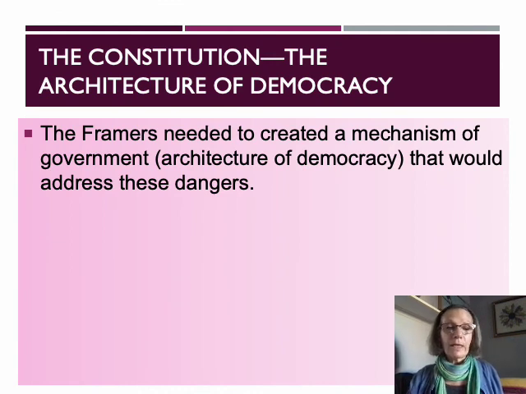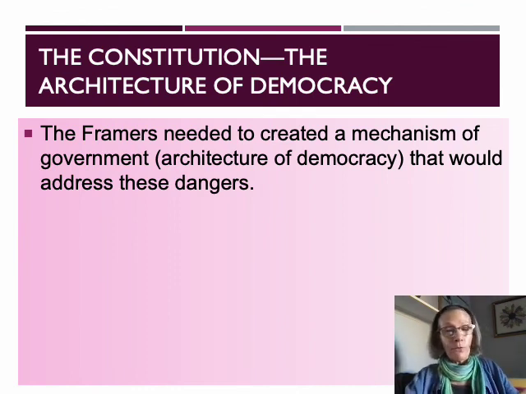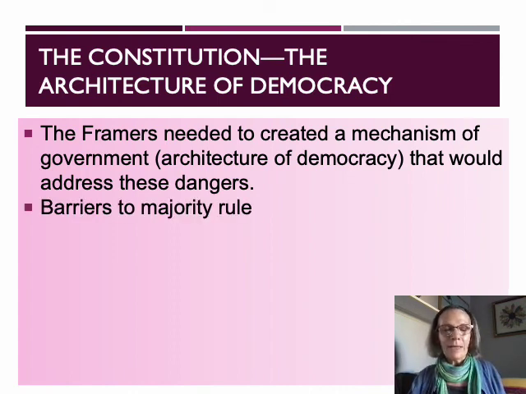So in crafting the Constitution, the framers really wanted to create a mechanism of government, an architecture of American democracy, that would address these dangers. If you try to control these dangers, then we can have democracy, but it will be democracy that is not harmful because these dangers are going to be kept in check.